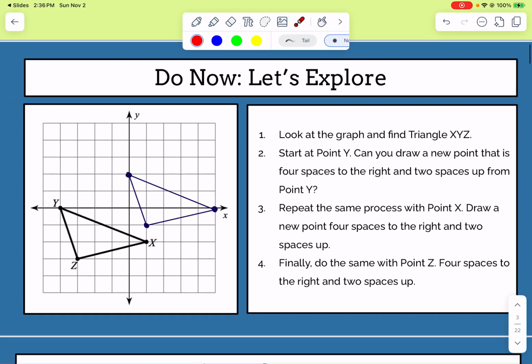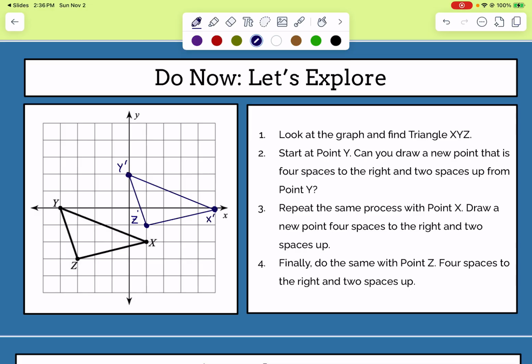So if you remember, we started with Y to get here. So that's going to be Y prime. We started with Z to get here. That's going to be Z prime. And lastly, here I have X prime.